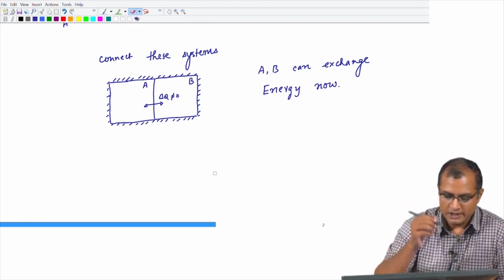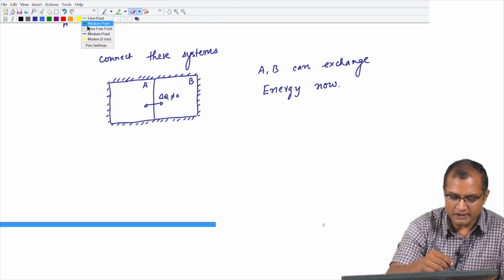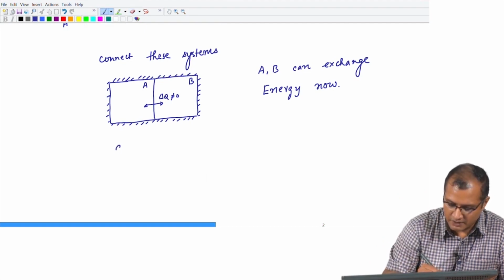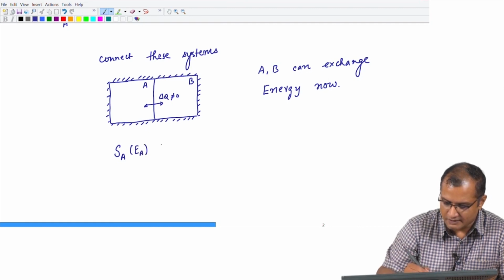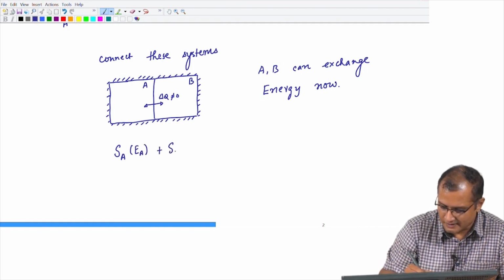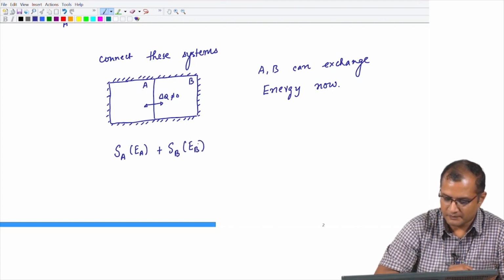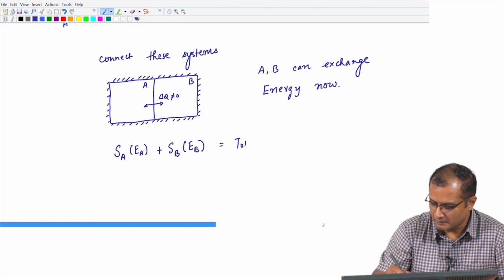Okay. So, let us say immediately after you have connected these systems, the entropy of the joint system is S_A as a function of E_A, plus S_B as a function of E_B. This is the total entropy.